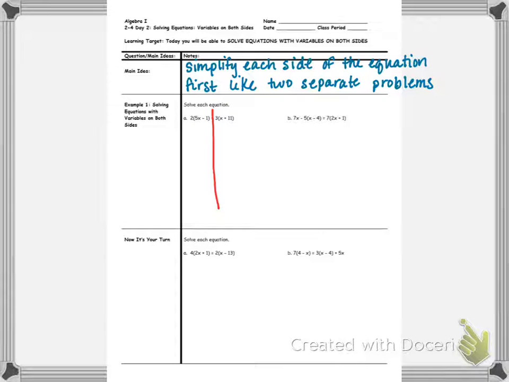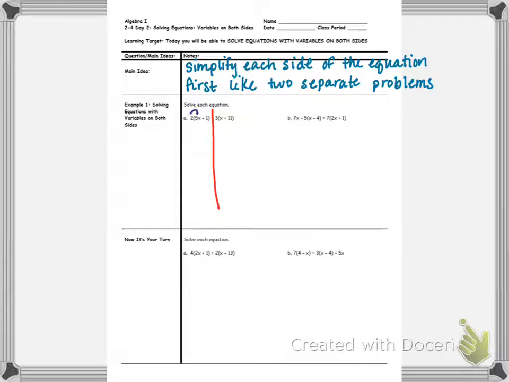So in practice, if we look at this first equation, 2 times (5x minus 1) equals 3 times (x plus 11). If you notice, on the left and the right-hand side, there is distributive property on both sides. So that's what it means by simplify. We're going to look at one side at a time and simplify by doing the distributive property.